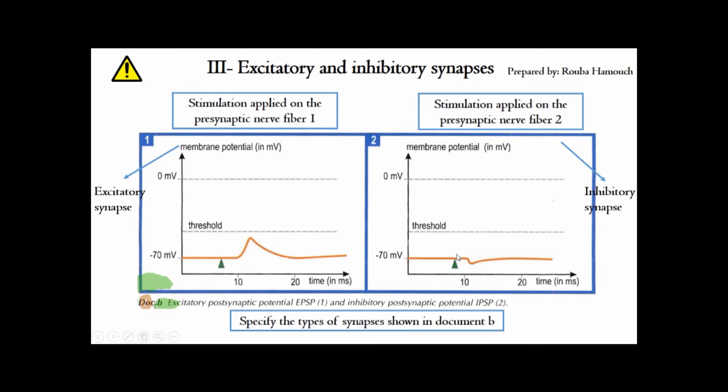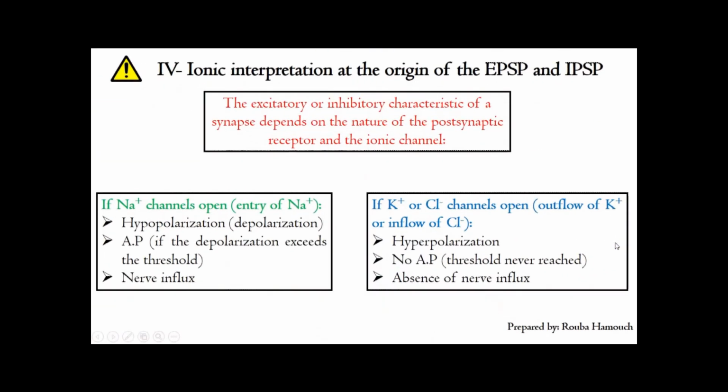So according to the membrane potential observed on the level of the motor neuron, we can specify the types of synapses shown here. So a depolarization means an excitatory synapse, whereas a hyperpolarization in the level of the postsynaptic neuron means an inhibitory synapse.